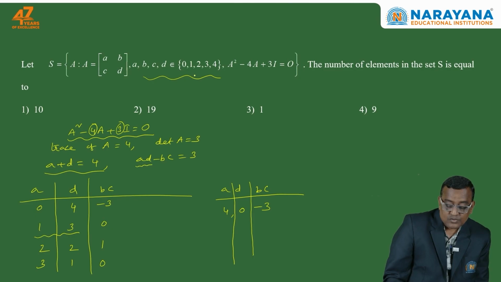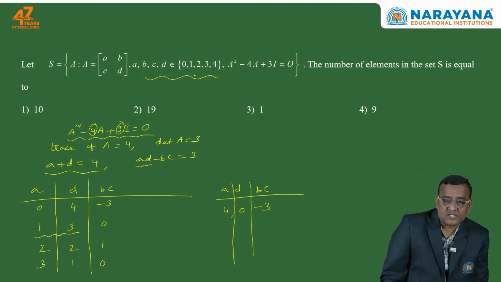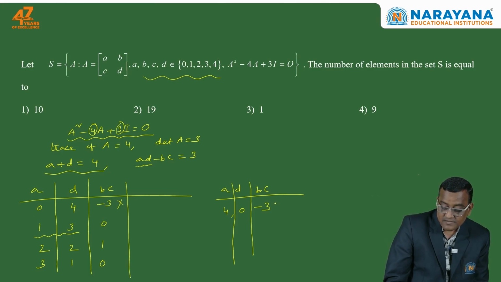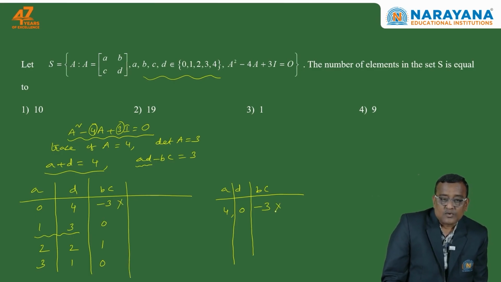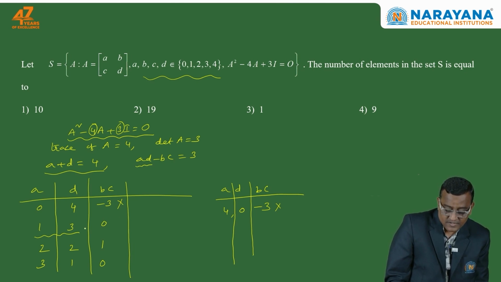But according to the elements in that set 0, 1, 2, 3, 4, bc equal to minus 3 is not possible, because no values of b and c in this set have a product of minus 3. So now the possible bc so that the bc product is 0.